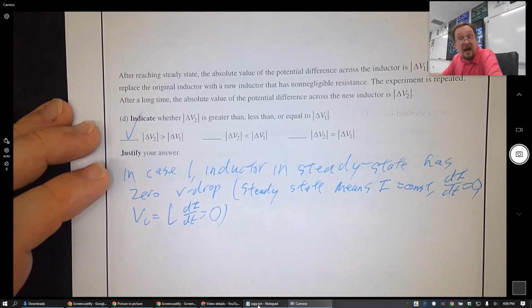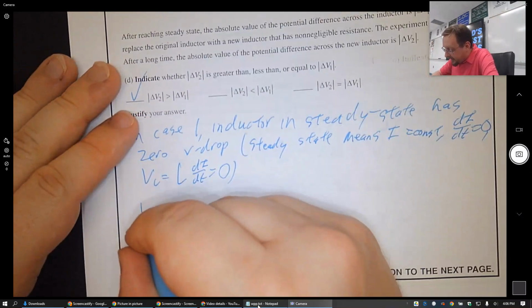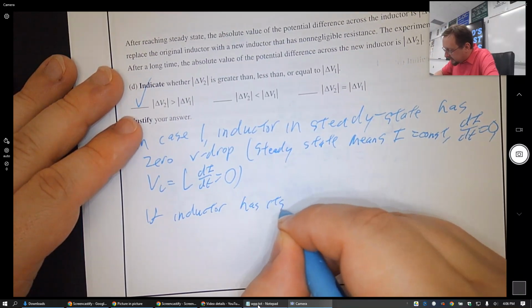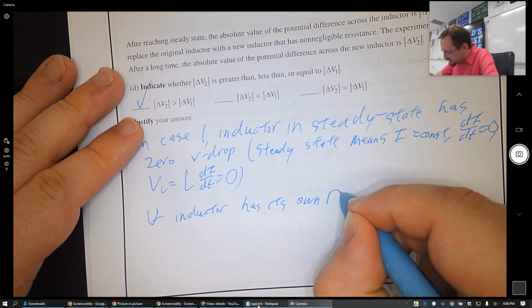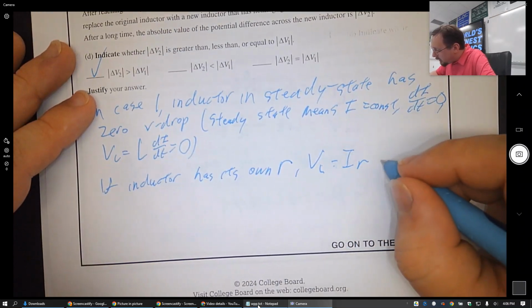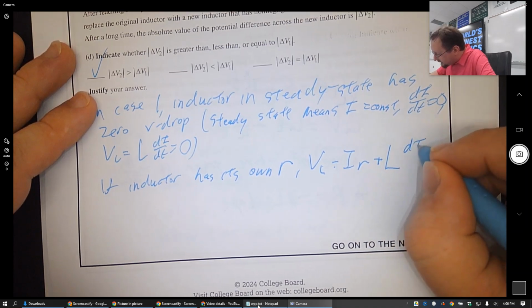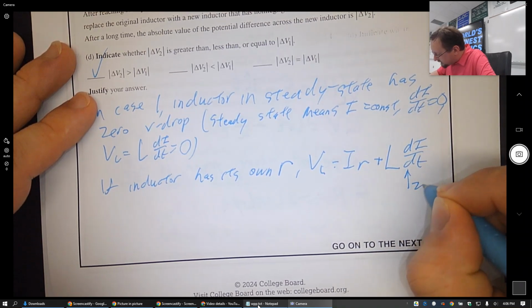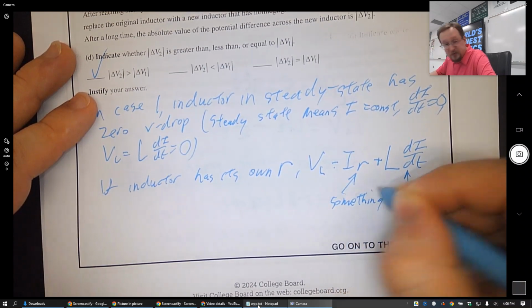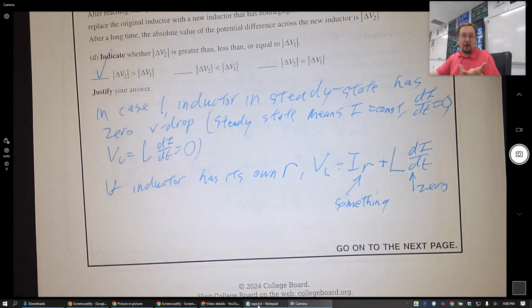But if the inductor has its own resistance, then the voltage on the inductor will be IR plus L di/dt. This is still 0, but this is something. So you'll have a voltage equal to I times R, an ohmic voltage drop on a resistor.